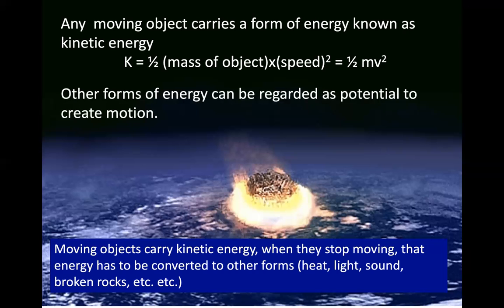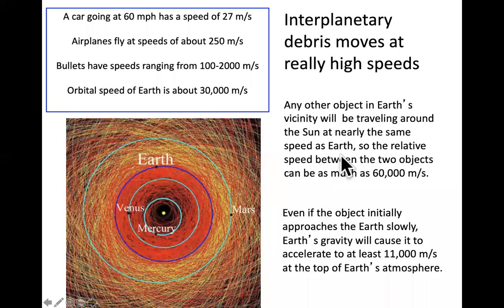And the thing about asteroids and comets is that they are moving very quickly when they hit us. The Earth moves around the sun at a speed of 30 kilometers every second.